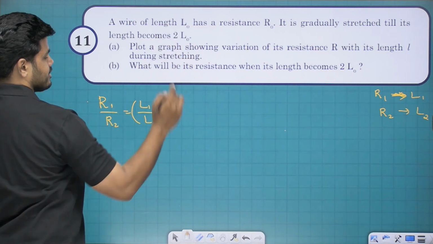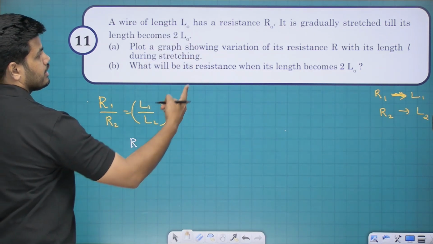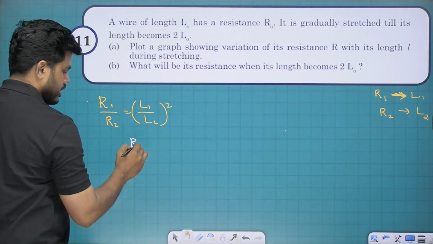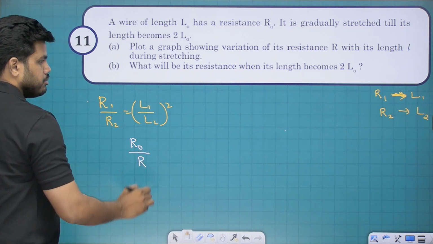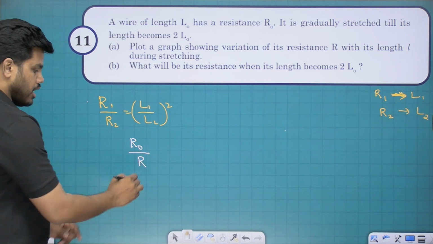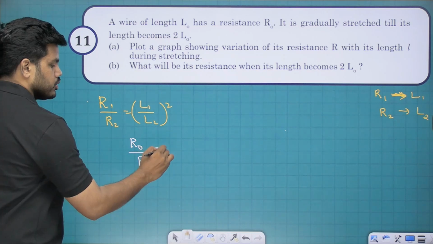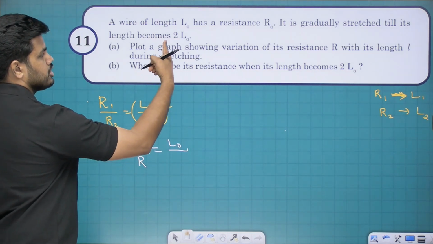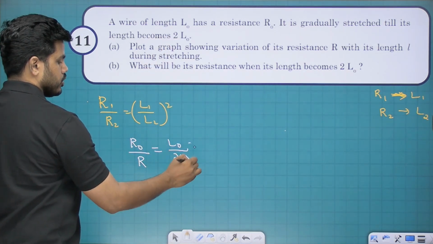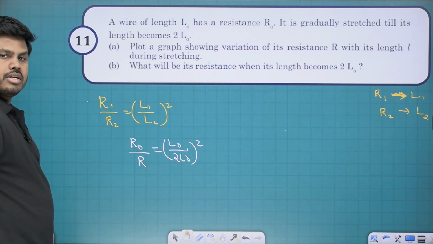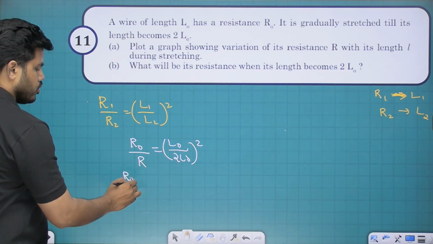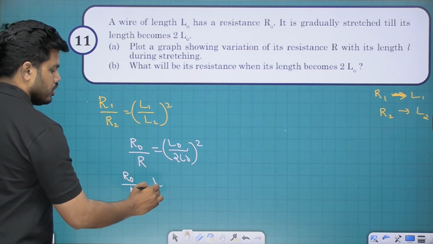You are given initial length as L0, and at that time it is R0. We can say R0 divided by R, R is to be calculated, R2, is equal to L0 divided by, what is the new length? 2L0, the whole square. So L0 gets cancelled. We get R0 by R is equal to 1 by 4.